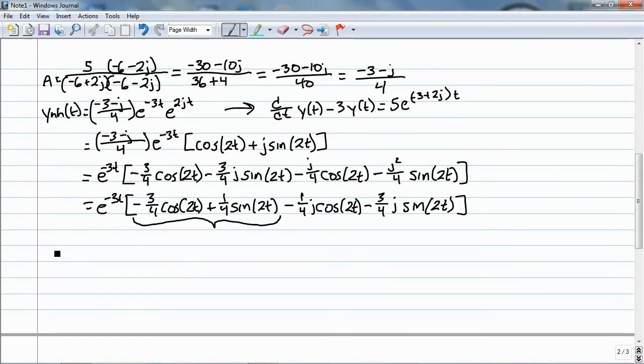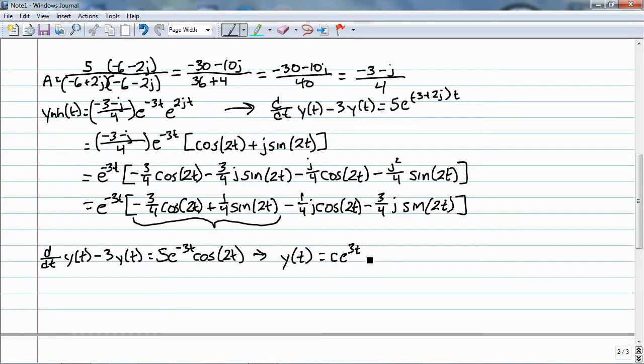So our solution to this equation, that solution is, don't forget the homogeneous, and now our non-homogeneous.